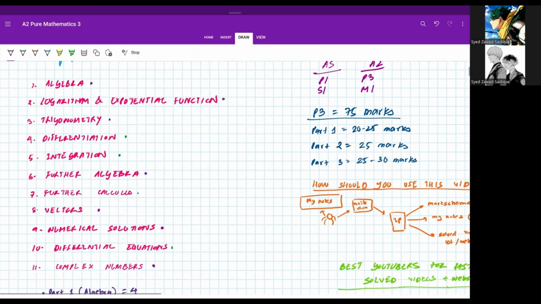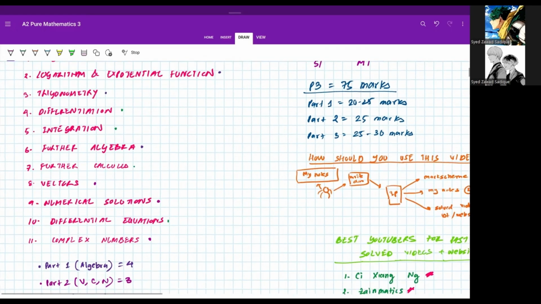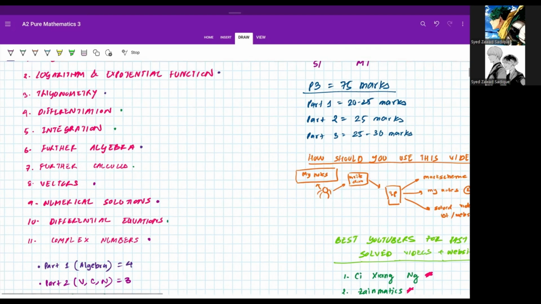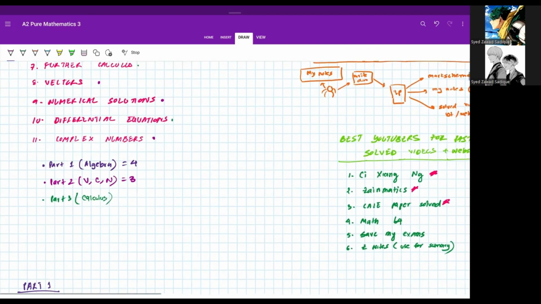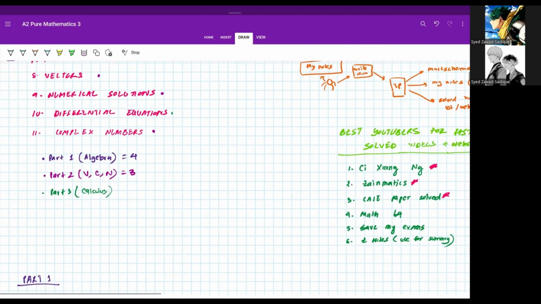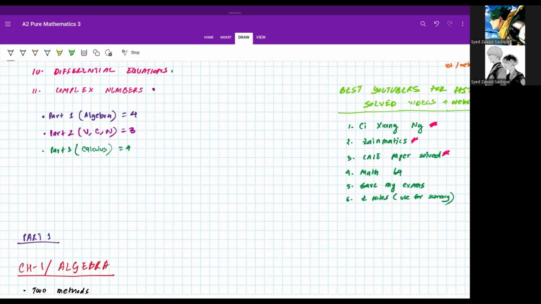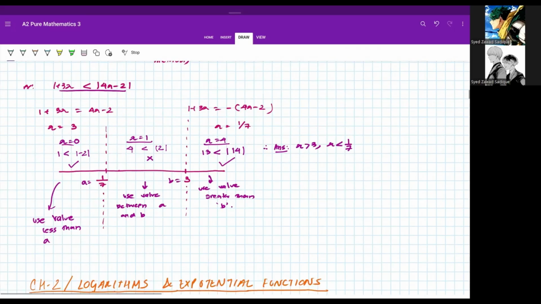What are we missing? It's 1, 2, 3, 4, 5. Further calculus, differential equation. Oh, this is 4. My bad. This is 4. Right. This is 4. So total is 11. Right.